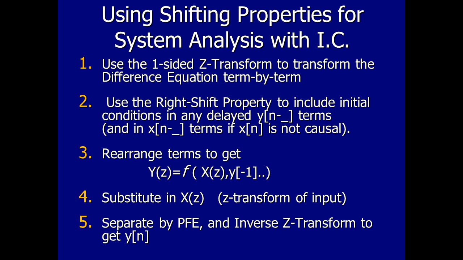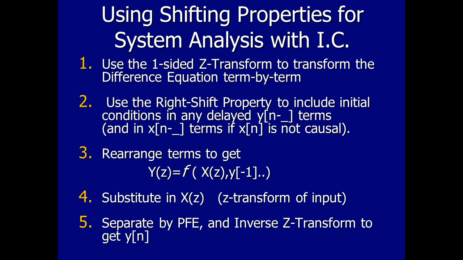I combine some terms. 6z squared minus 5z over that product. And we'll factor out a z, I think.